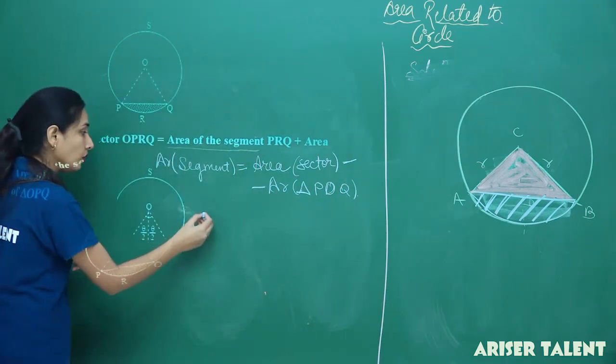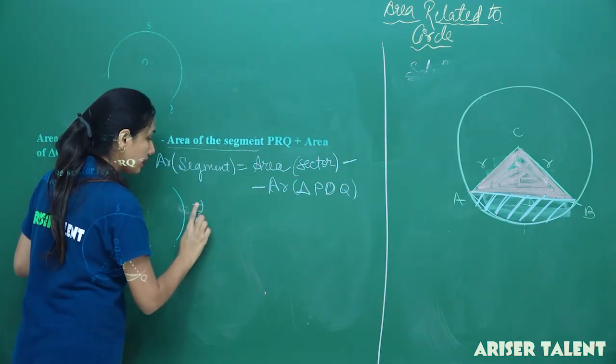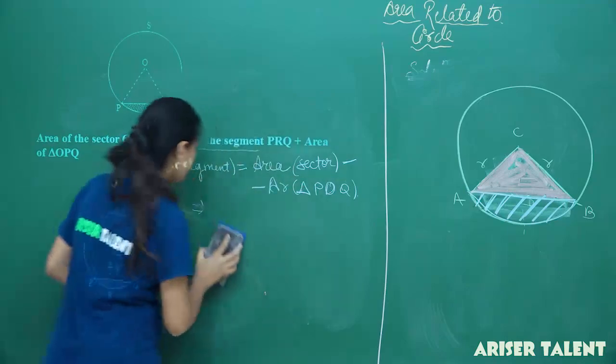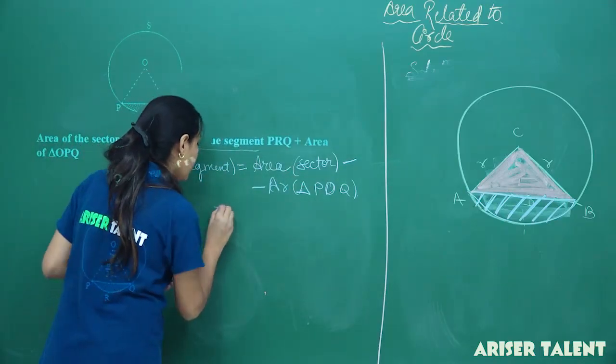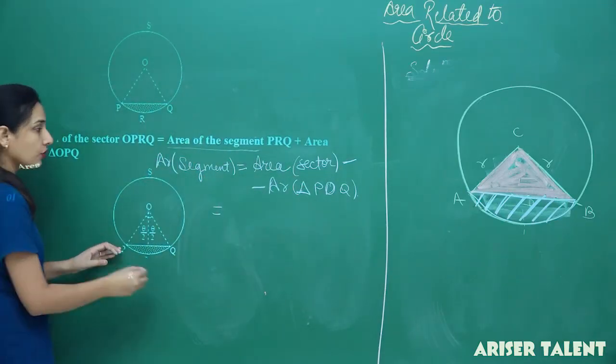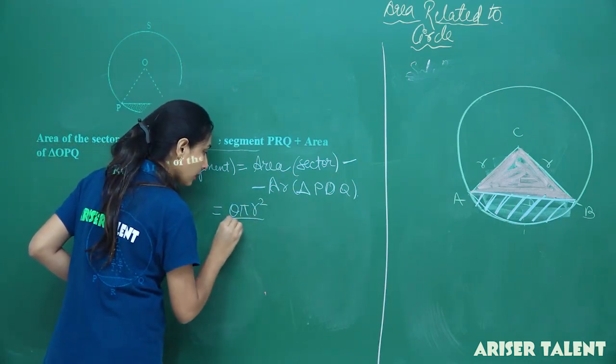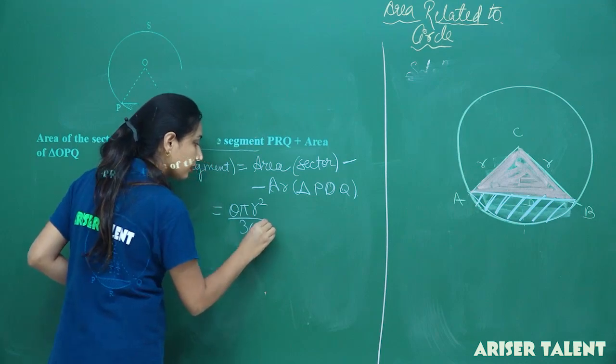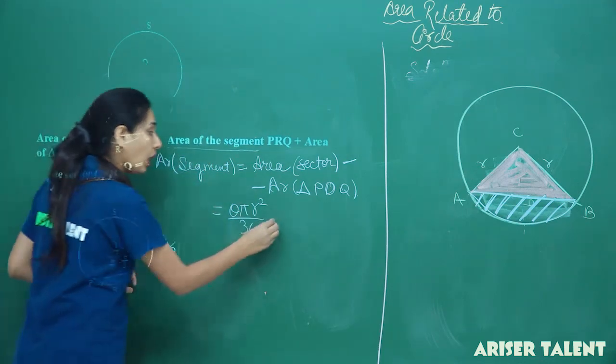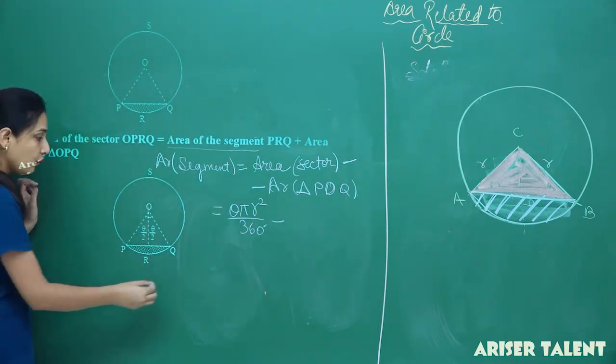Now what this implies, or I can just mark an equals sign here. Now area of sector. You know the area of sector is equal to theta by 360 degree times pi r square. Now how will you calculate the triangle area?